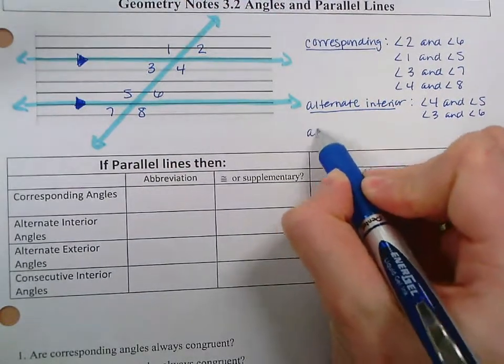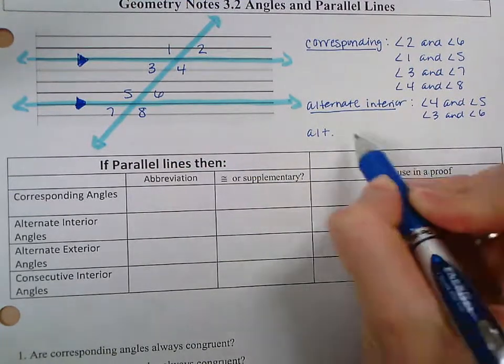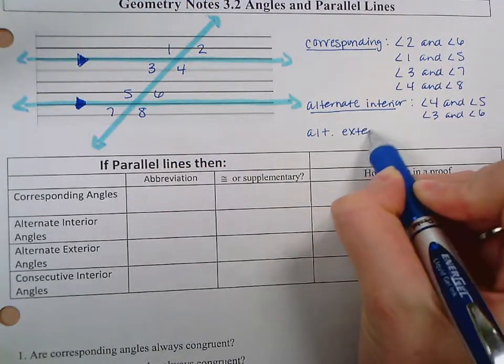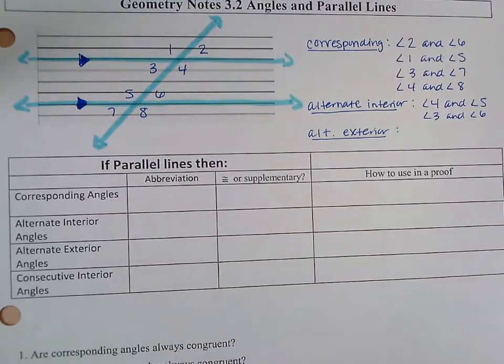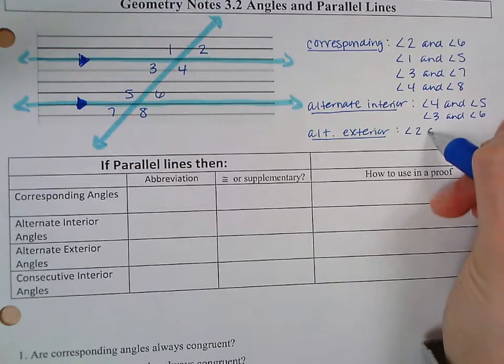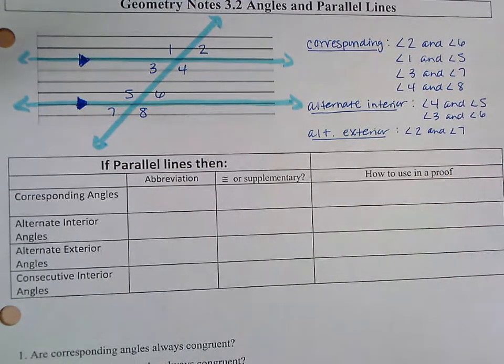Then what about alternate, I'm going to abbreviate alternate ALT, alternate exterior. Jocelyn? 2 and 7. What's the other pair? 2 and 7 are alternate exterior.